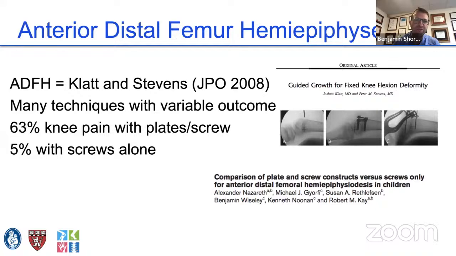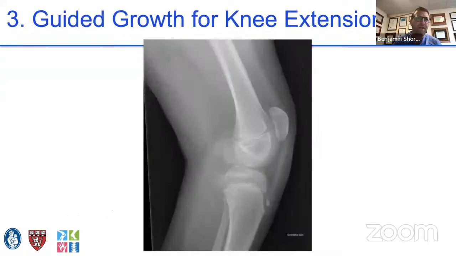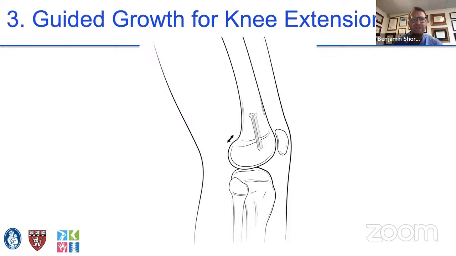This study looked at screw versus plate constructs, and Metazo described putting in these percutaneous screws, either antegrade or retrograde. The retrograde images were popularized by Ken Noonan. And the principle here, if you put the screws in, is that you're tethering the anterior physis while the posterior physis is growing.